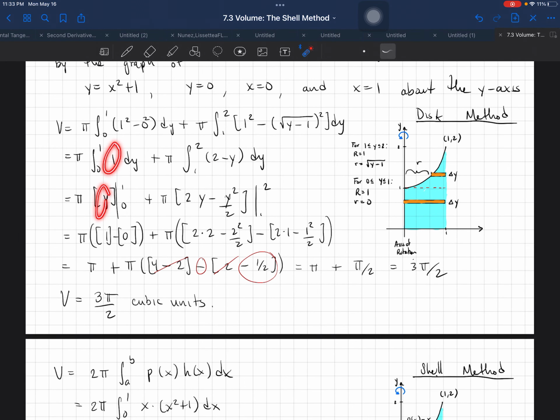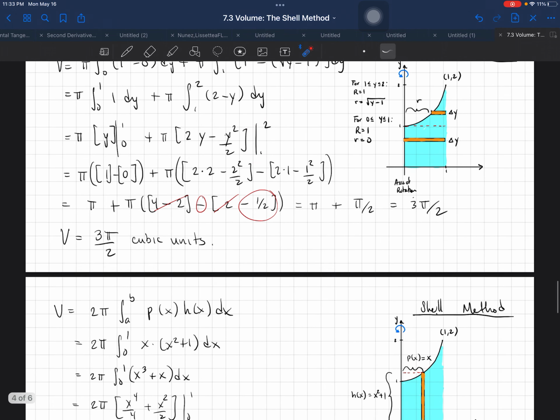Now we can take the integral of 1, which is y, from 0 to 1, carry the pi, plus, carry the pi. The integral of 2 is 2y, minus the integral of y, which is y squared over 2, from 1 to 2.